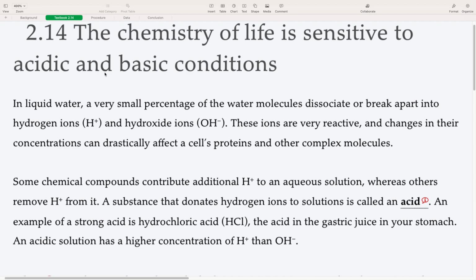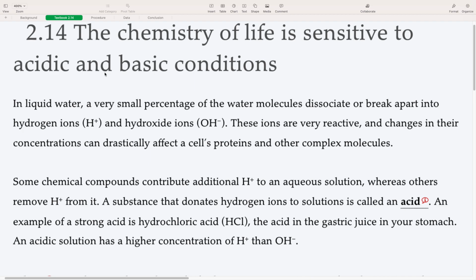Yeah, thanks. In liquid, a very small percentage of water molecules dissociate or break apart into hydrogen ions and hydroxide ions. Good. These ions are very reactive and changes in their concentrations can drastically affect the cell's proteins and other complex molecules. Some chemical compounds contribute additional H+ to an aqueous solution, whereas others remove H+ from it.